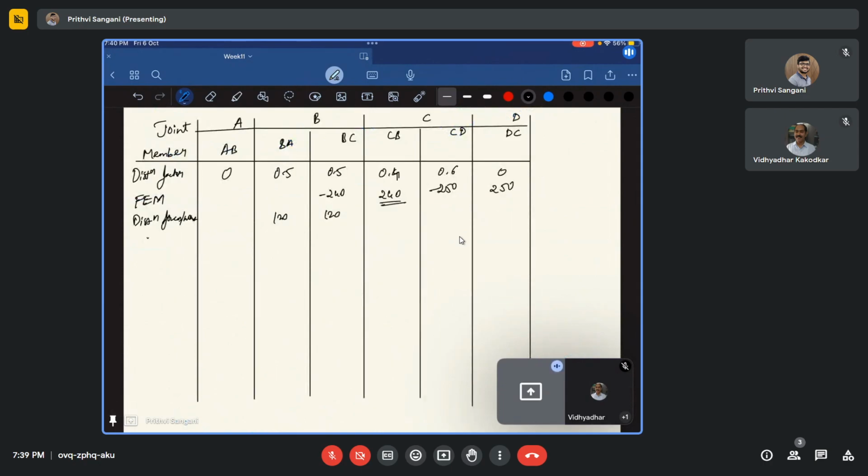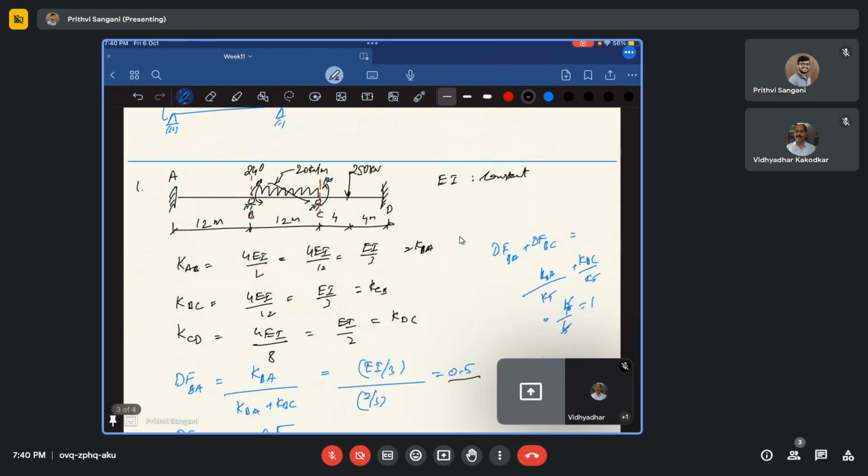So we need to apply a minus 240 times 0.4. How much is that? 240 times 0.4 is 96. So we need to apply minus 96 here. Okay. And what is going to happen in this? I think I'm making some mistake here. CB you have and CD.